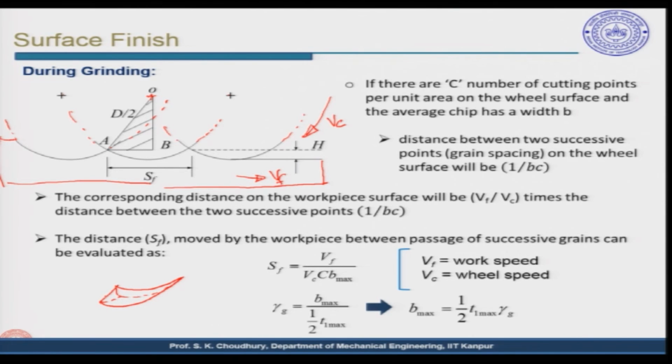In this we have B max, the maximum width, and this value was the T1 max.